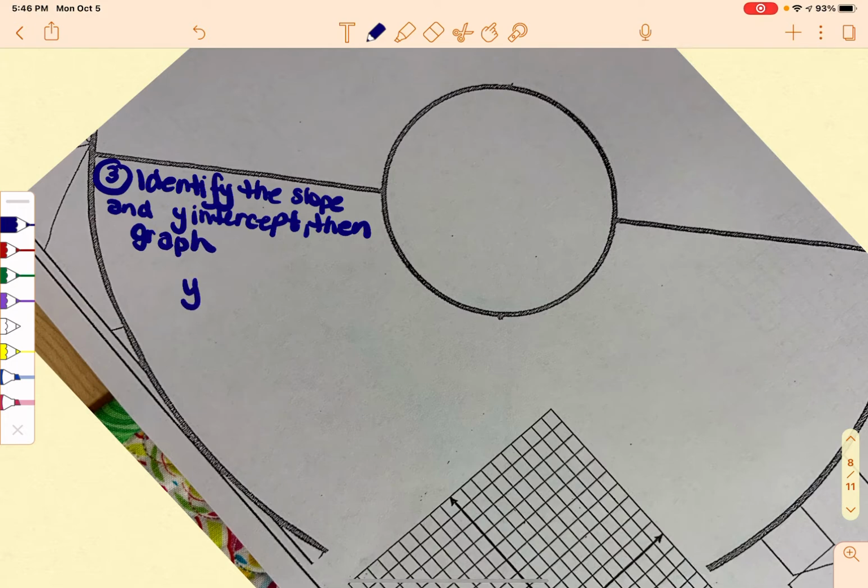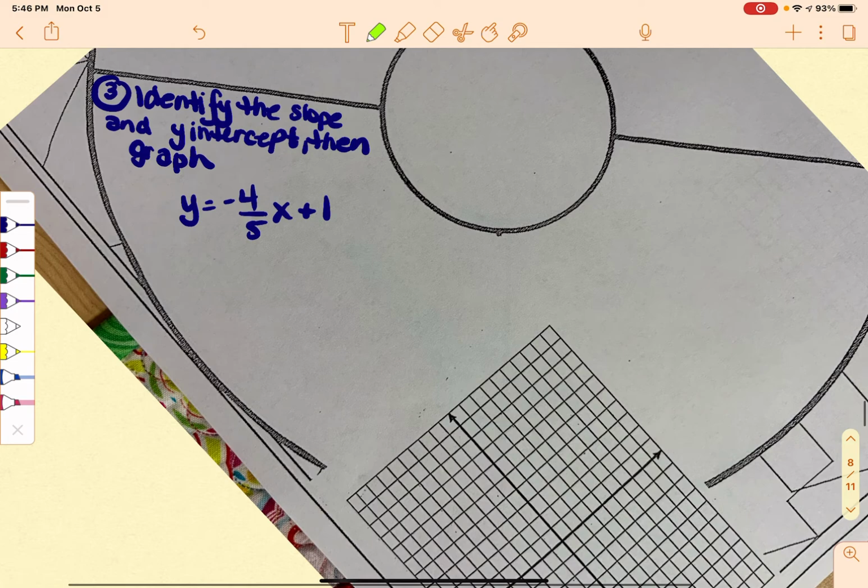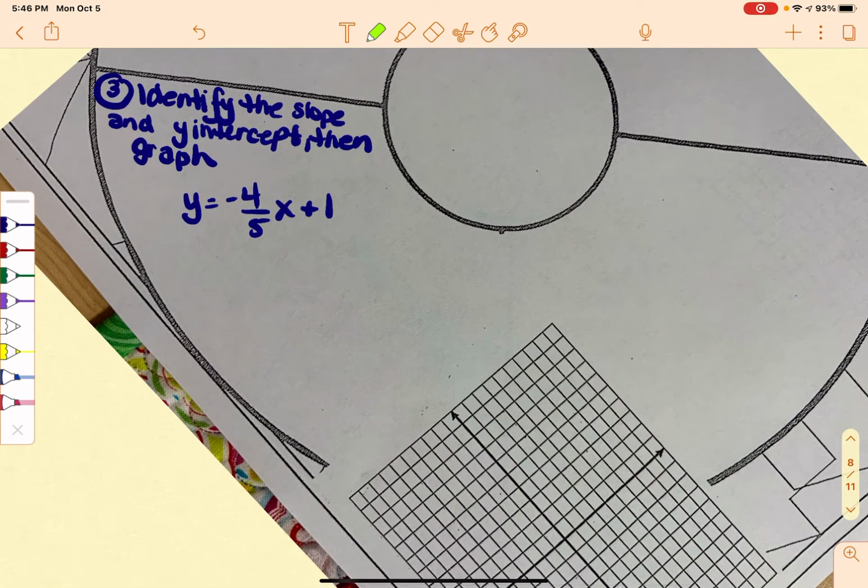And my equation is y equals negative 4/5 x plus 1. So on this one, if I compare this piece right here, I think it's easier with the highlighter.